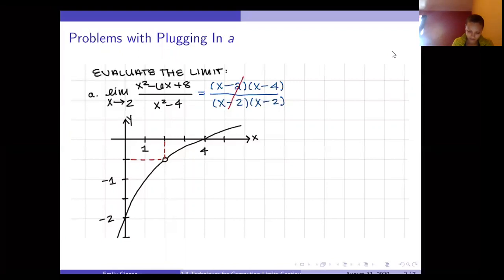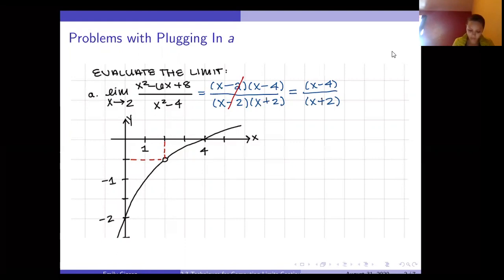We cancel out our x minus 2 terms. We're left with x minus 4 over x plus 2. Oh, sorry, this should be a plus.